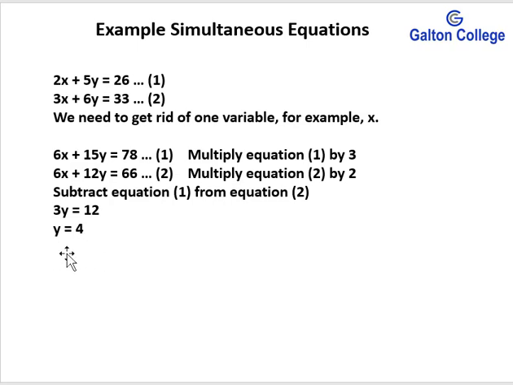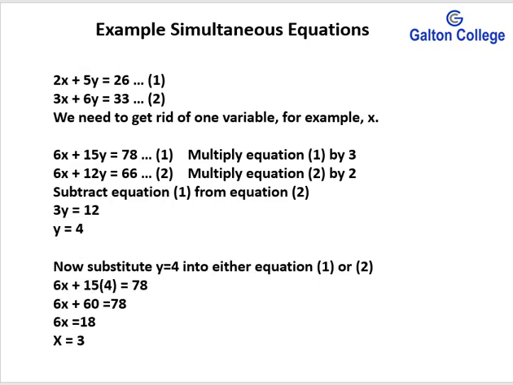So we know the value of y now. Now it's easy to find the value of x. We can just substitute the value of y into one of these and it'll come out. Substitute 4 into either of the equations, 1 or 2, it doesn't matter. We'll take equation 1 here.